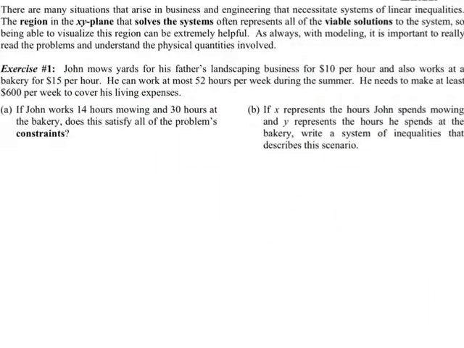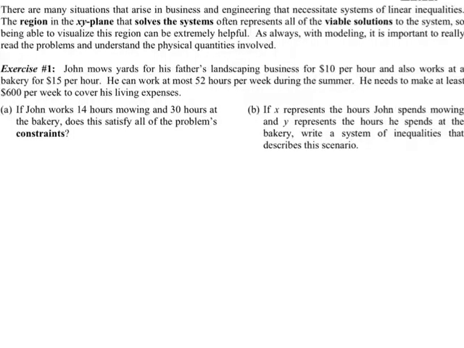These are real life world problems that we can use. In this case, it says John mows yards on his father's landscaping for $10 an hour, but he also works at a bakery for $15 an hour. He can work at most 52 hours during the week in the summertime. He needs to make at least $600 per week to cover his cost of living expenses.